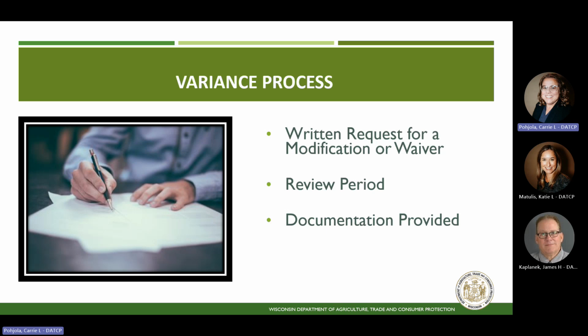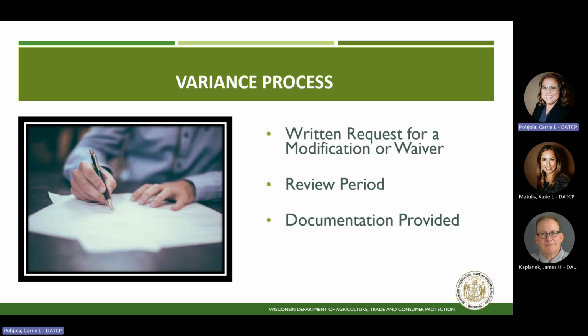Any documentation justifying the proposed modification or waiver from the requirements of the food code shall include the following information: a statement of the proposed variance from the chapter requirement.